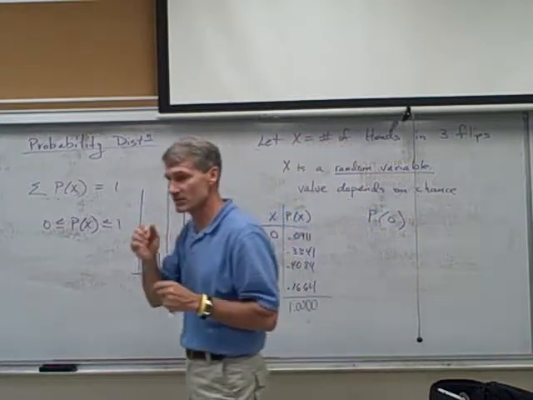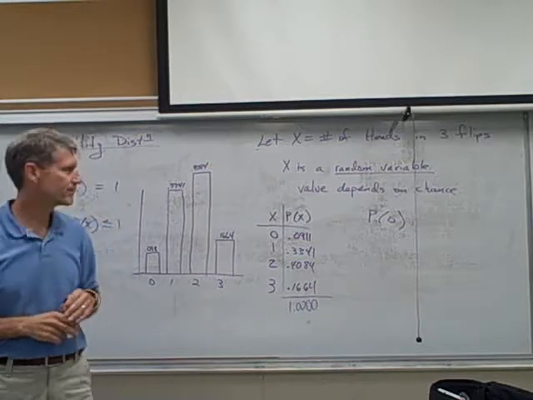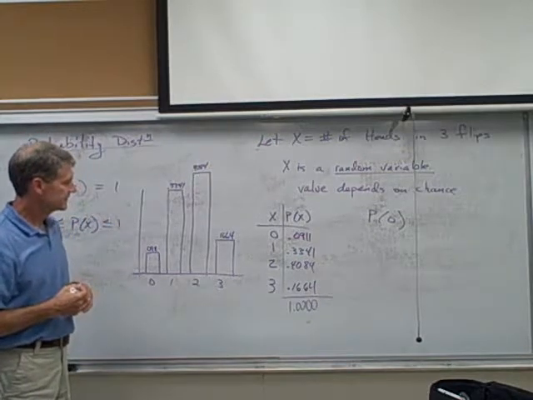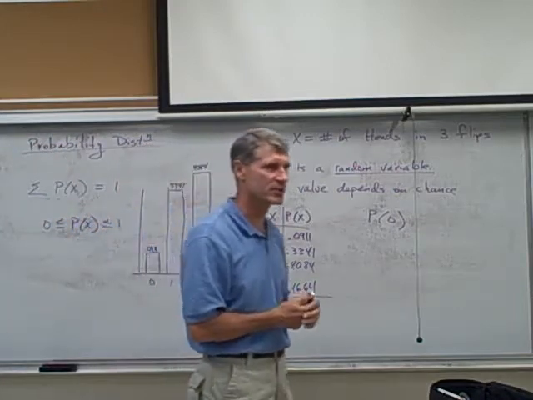The only thing then that matters is how many branches of the tree there are, because the branches would all be equally likely. Okay? So that's a discrete probability distribution.